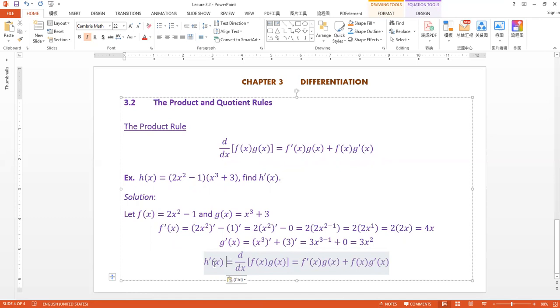So the derivative of h is the derivative of f times g because h is just f times g, isn't it?